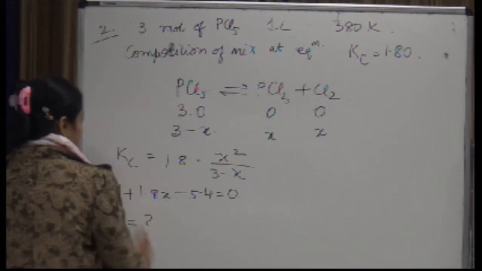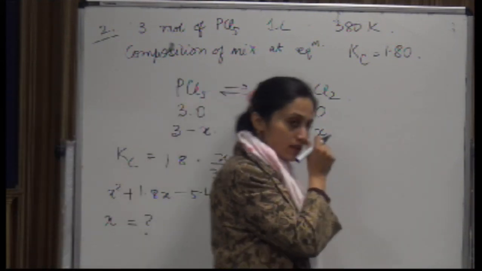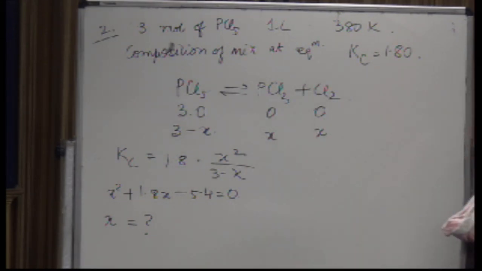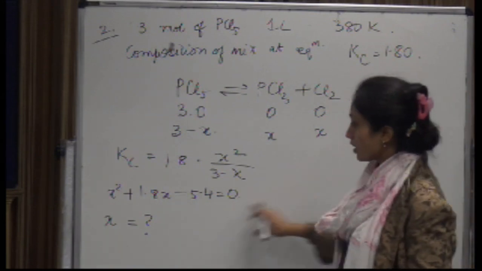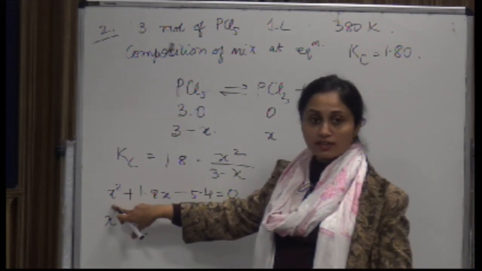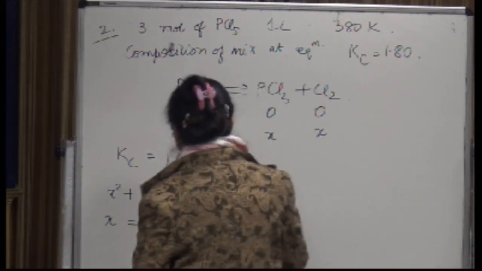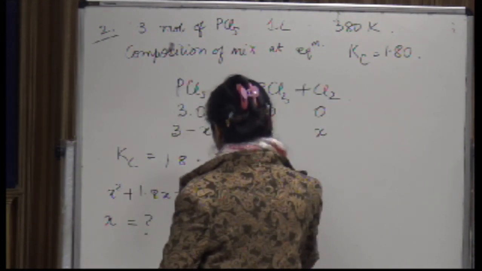Once you get your x from here, you can calculate the equilibrium concentrations for all. Using minus b plus minus under root of b square minus 4ac, you will get the value of x as 1.59 molar.